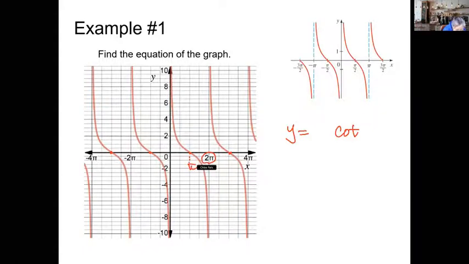If this is negative 2 pi, this must be negative pi here, right? Then now compared to the original one, this is horizontally stretched twice longer than the original period, right? Then now one period from the transformed graph is 2 pi instead of just the parent function graph period pi.